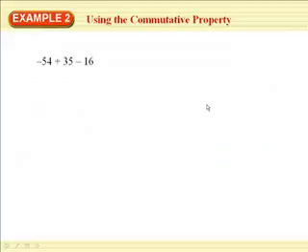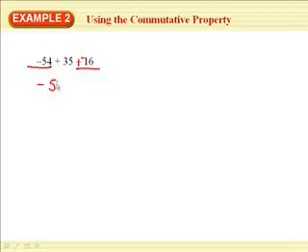All right, so using the commutative property right here, one of the first things that I do is remember when we talked about subtracting integers, when we're dealing with integers, let's get rid of any subtraction. So we're going to change it, adding the opposite. And then now, let's add. And I always add negatives to negatives, and that's the commutative property.